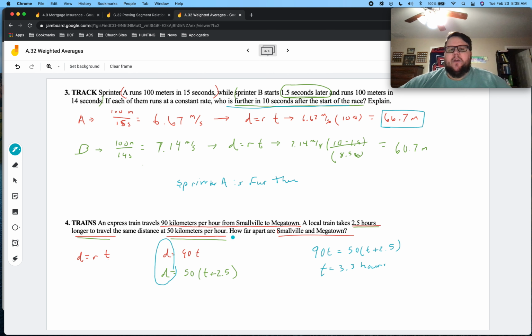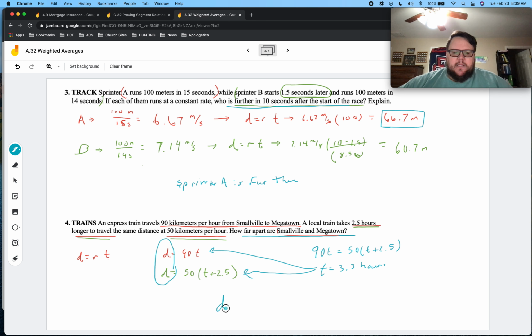But we didn't want how long it takes the express train to get there. We want how far apart the two places are. So we're going to plug this T into either one of these two equations, and I choose to do the first one because it's more simple. It's just 90 times 3.3.